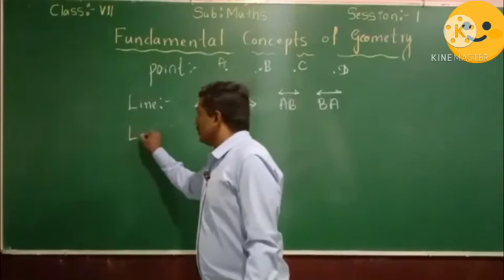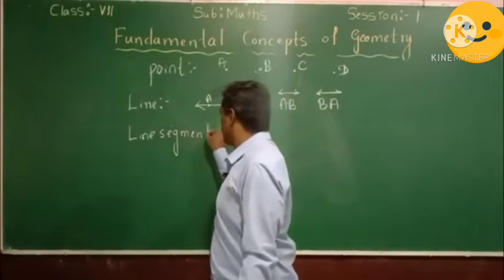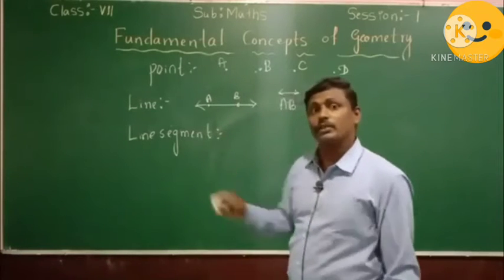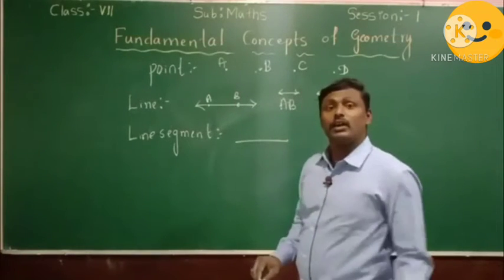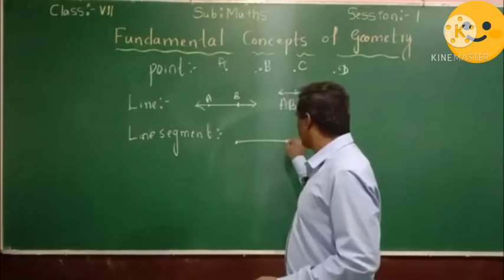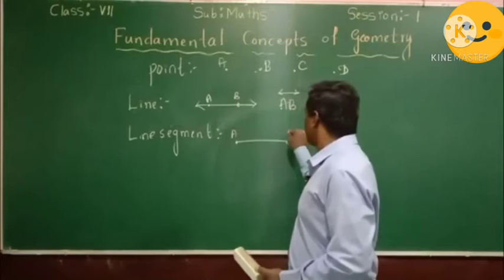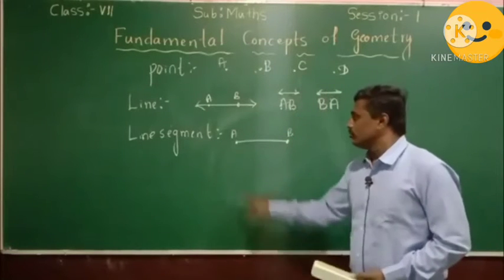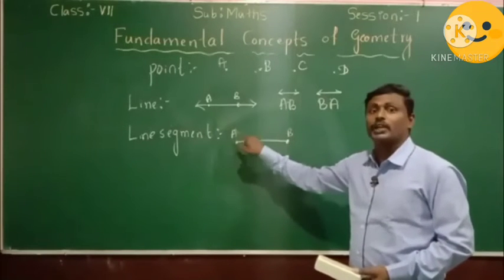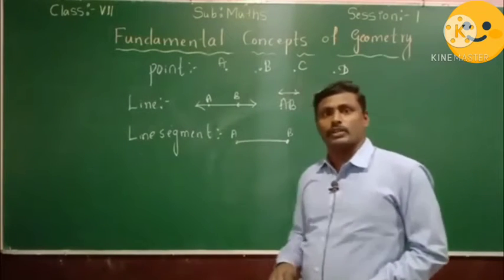Next, line segment. A line segment is also a form of line, or a part of a line. It has two definite endpoints, A and B. If I start from A and end with B, A is the initial or starting point, and B is the ending or terminating point.